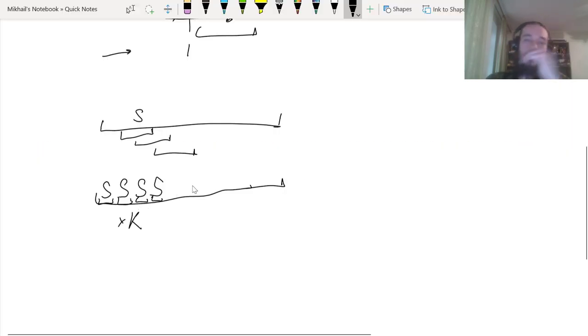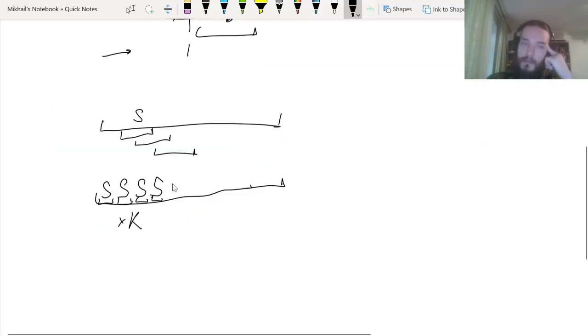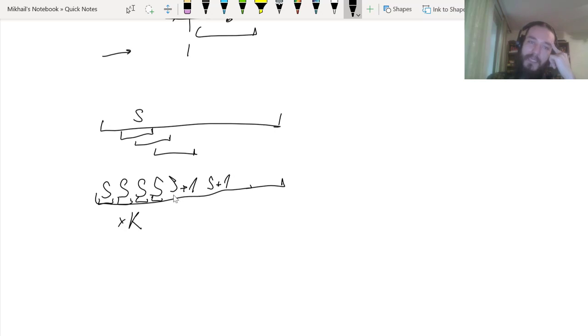Because the sum is right. All the others have to be something other than s. So for example, s plus 1 would work. Okay, so s plus 1 cannot be contained in any good range with some s.